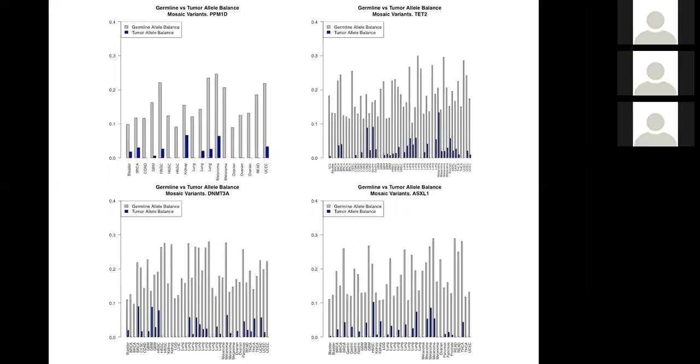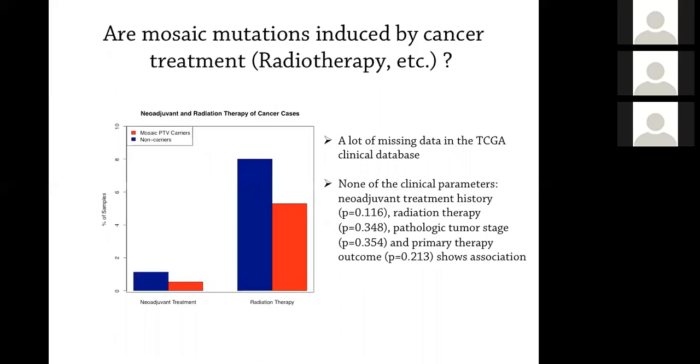You consistently observe this for all of the genes that have been shown to be linked to cancer progression. The other hypothesis is whether this could be induced by the cancer treatment.